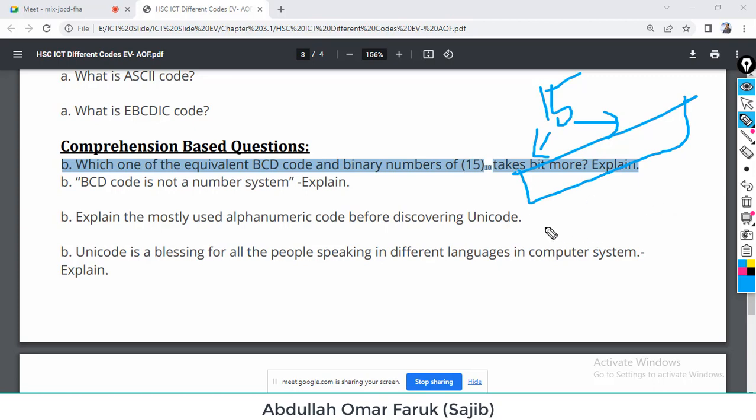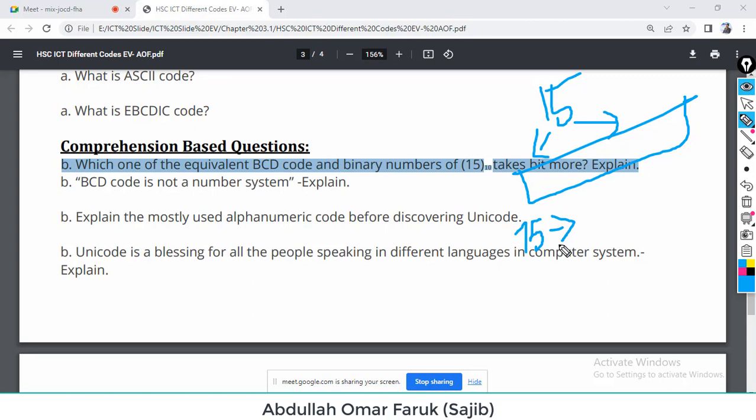But for binary, remember, this can be a matter of confusion to you. How do we find the binary of 15? Can you tell me what's the process? Then I will think that you have gotten the perfect idea about this. So BCD of 15 is 4 bits for 1 and 4 bits for 5. But what is the binary of 15? How do we find this? Can you tell me?